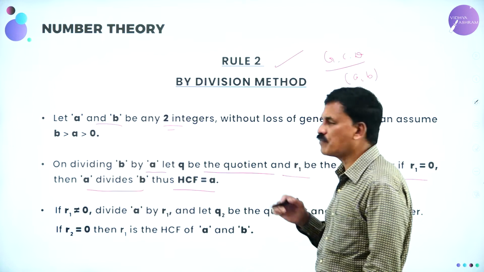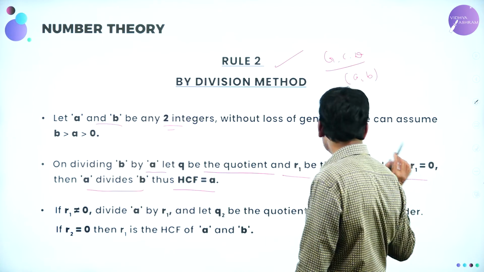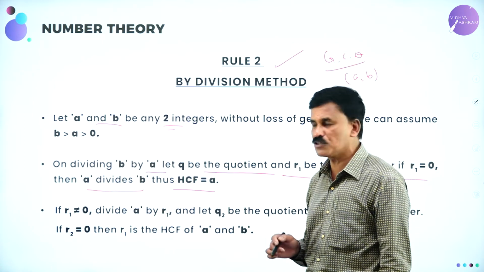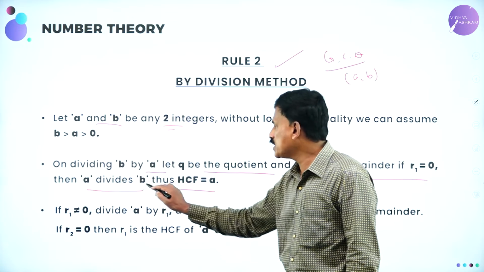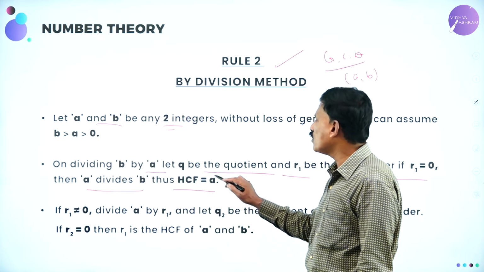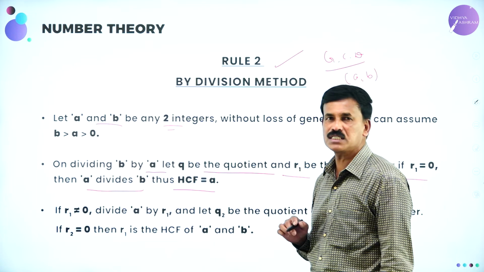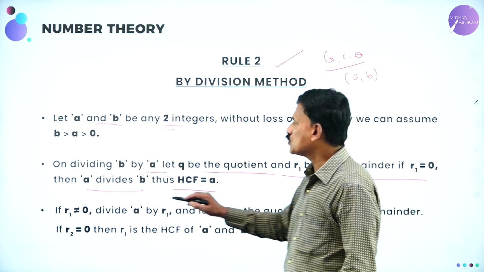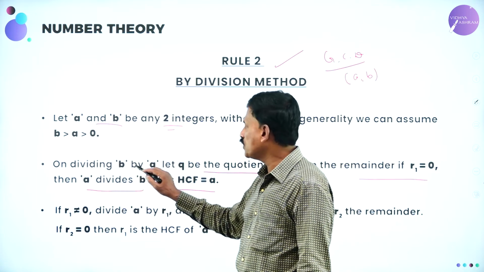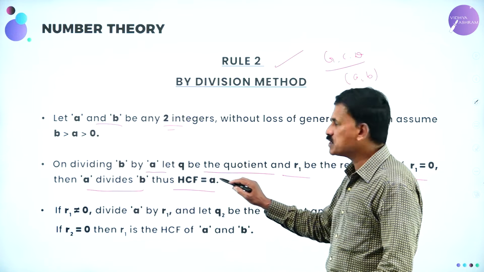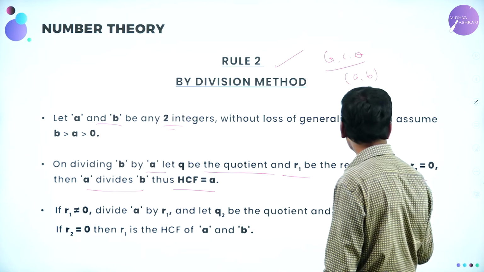If R1 is equal to 0, then A divides B, and the HCF is A itself, the highest common factor. So if you divide B by A, let Q be the quotient and R1 the remainder.